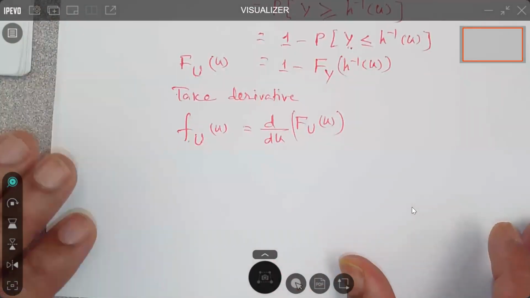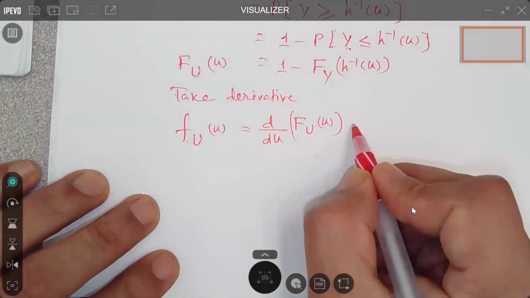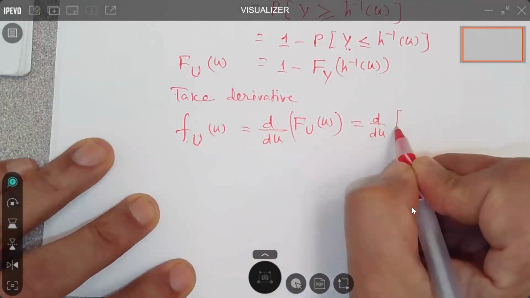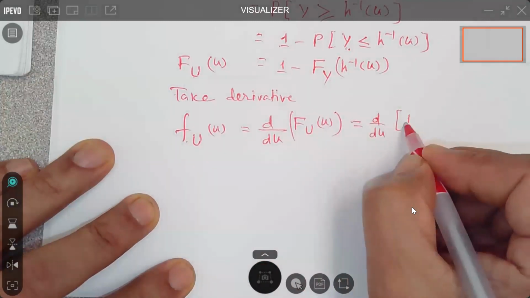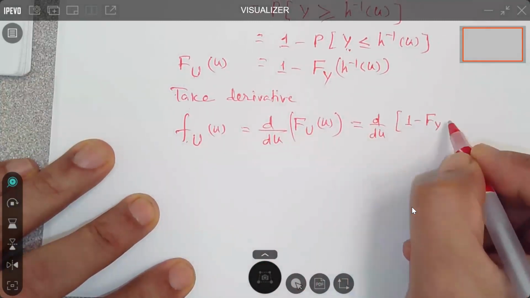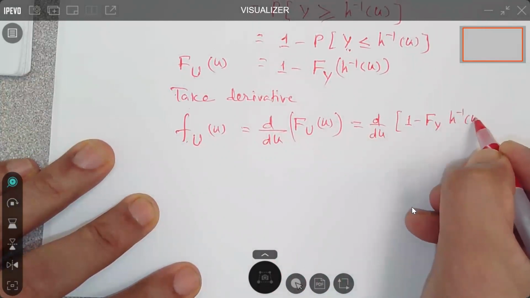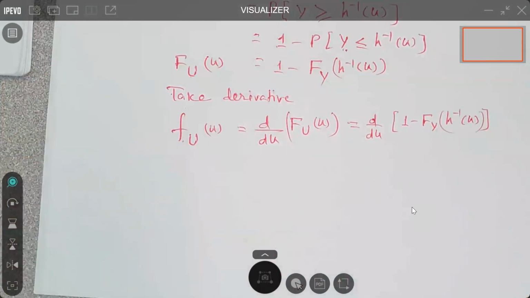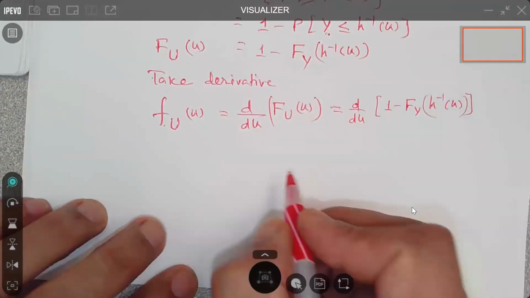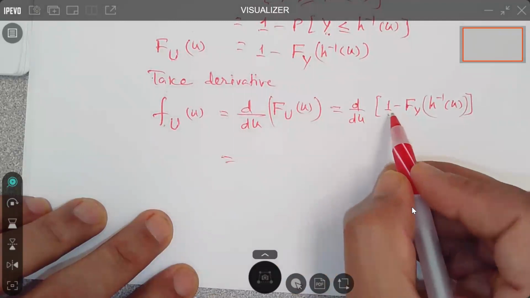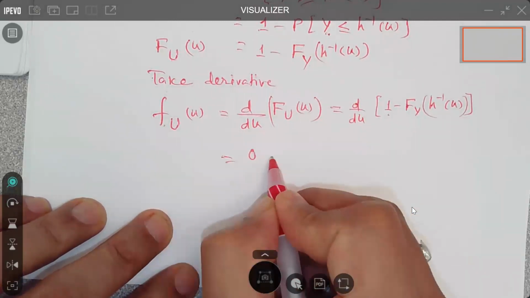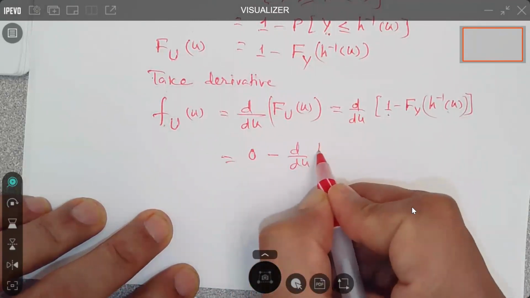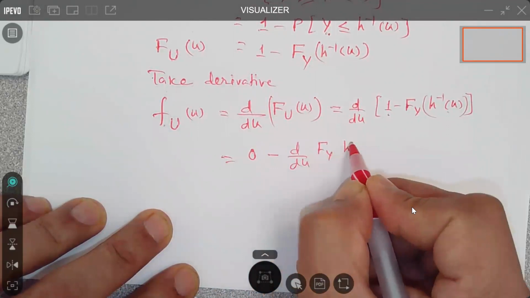So plug in this value here: d/du of 1 minus F_Y(h inverse u). Now, the derivative of 1 is 0, minus the derivative of this function, F_Y of h inverse.